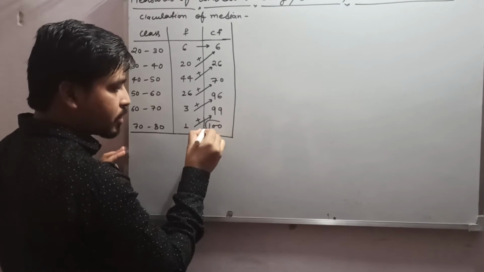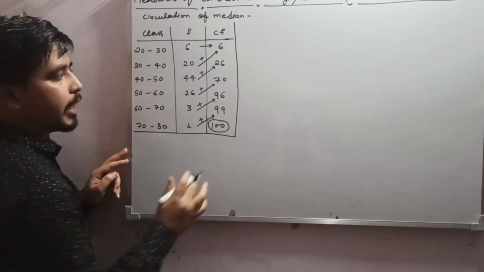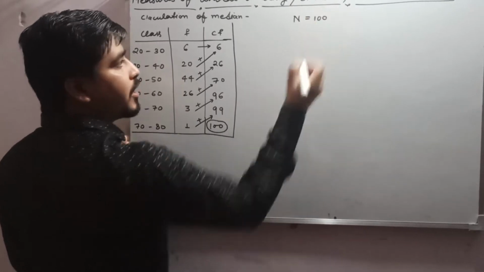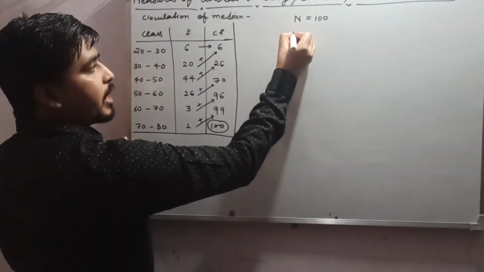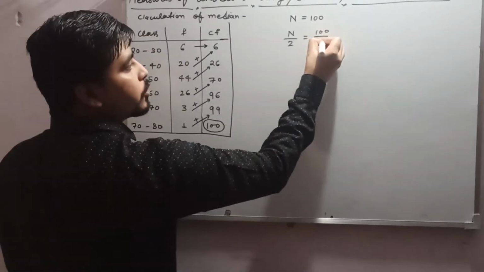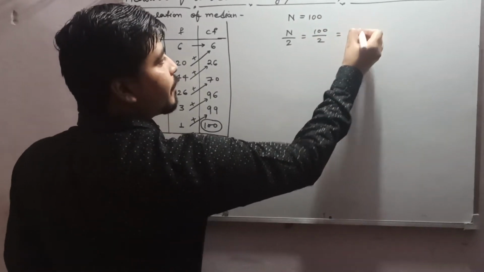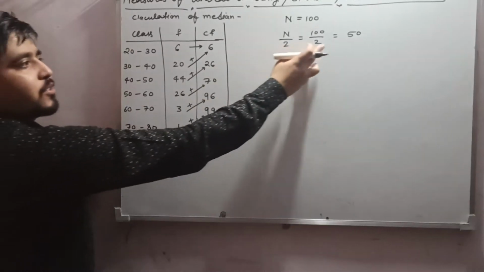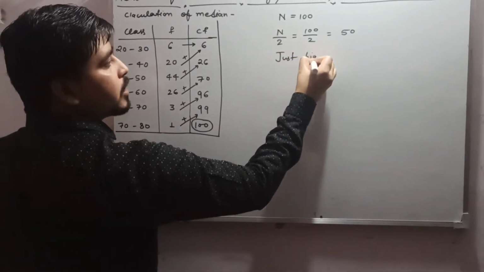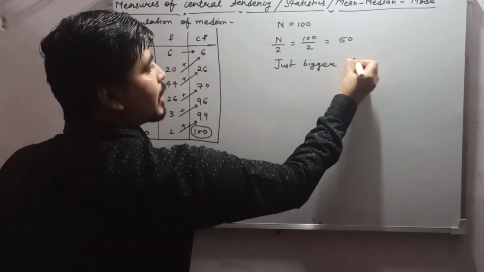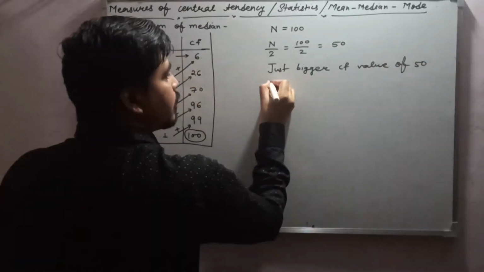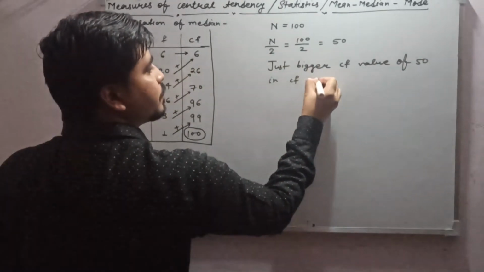Now mark the last value of CF, which is denoted by capital N. Capital N is equal to 100. Now calculate N upon 2. N upon 2 means 100 upon 2, which is 50. Now choose the just bigger CF value than 50 in the CF column.